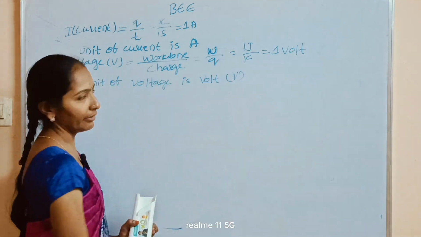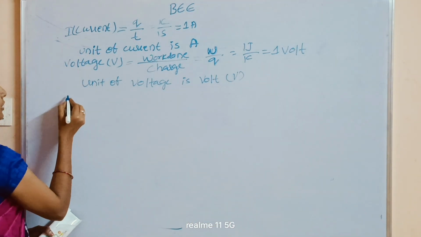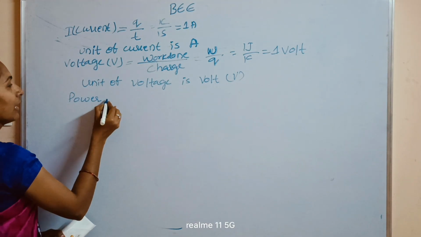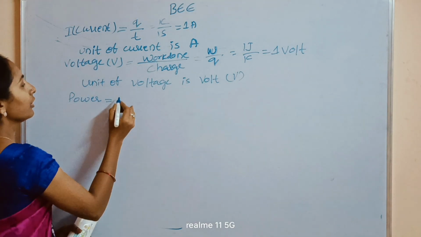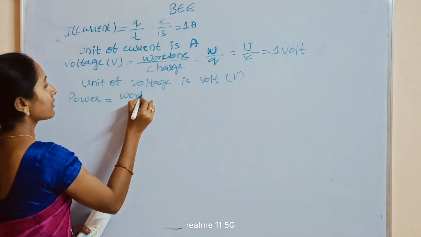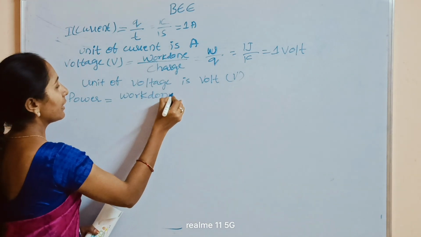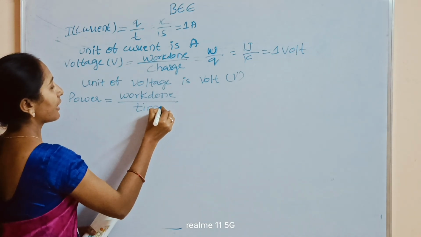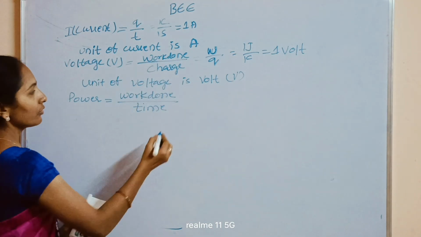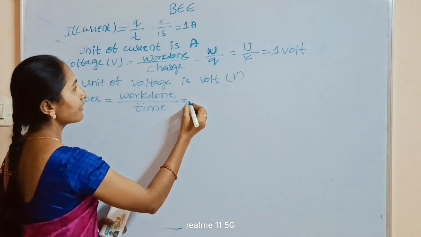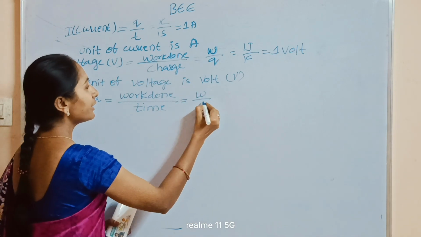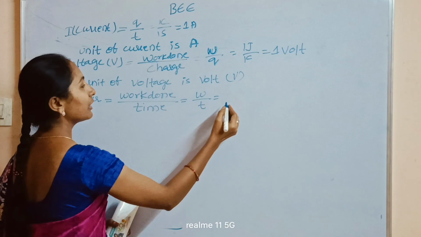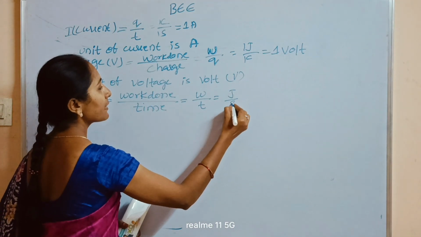Now coming to the third one, that is power. Power is the ratio of work done per time, not charge, work done per time. Work done is represented with W and time is T. The unit is joule per second.